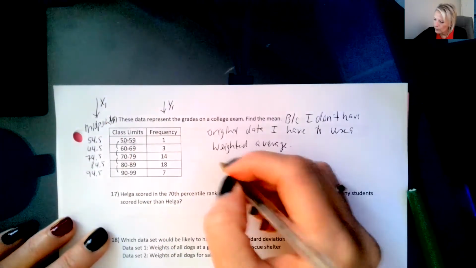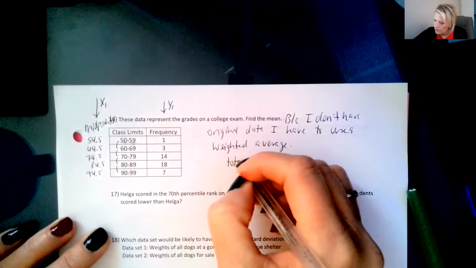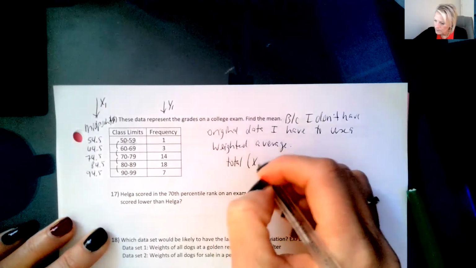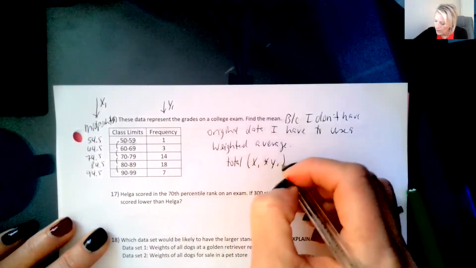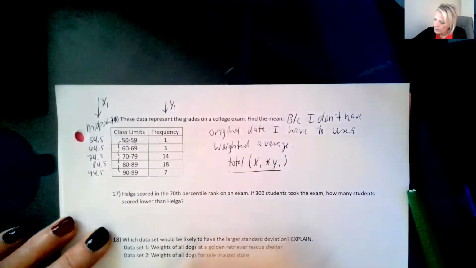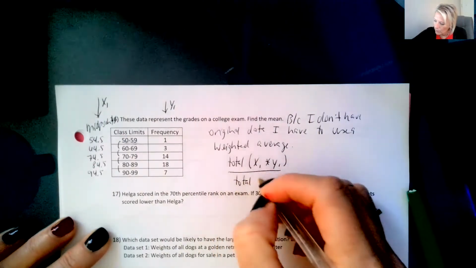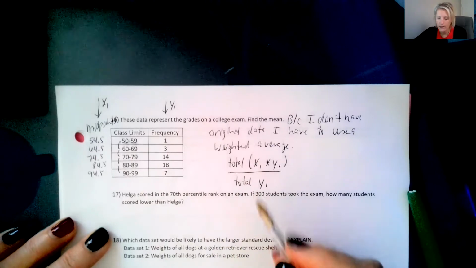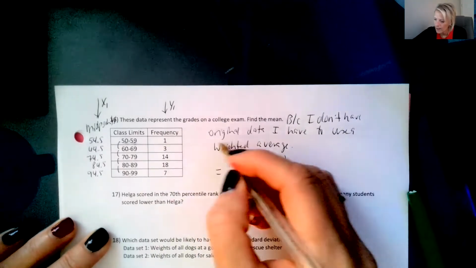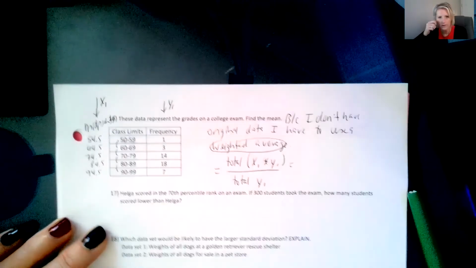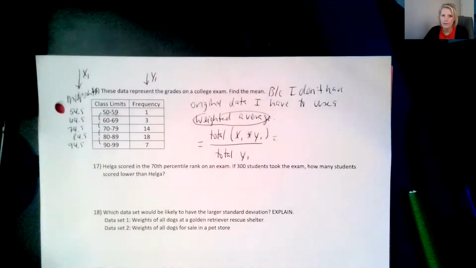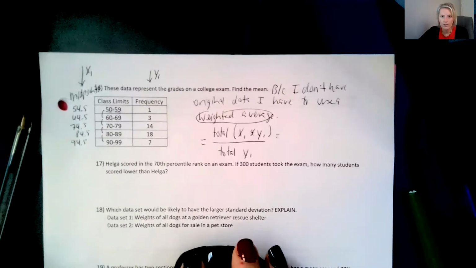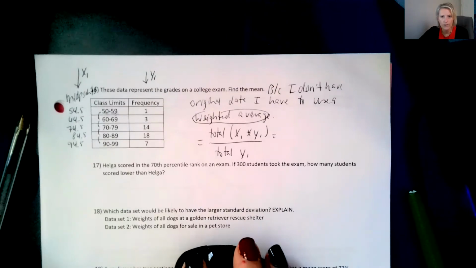And then we're going to do the total of X1 star Y1 divided by the total of Y1. This is how we do the weighted average in Desmos. So let's go ahead and go to Desmos and put our data in and work on this.